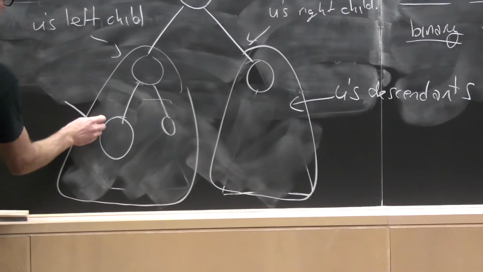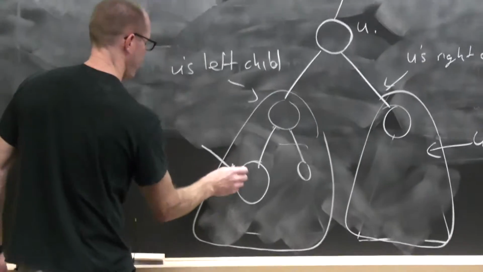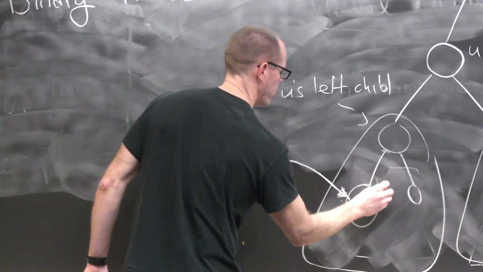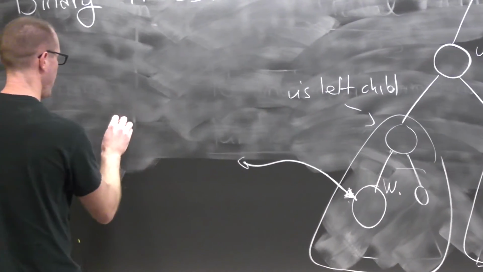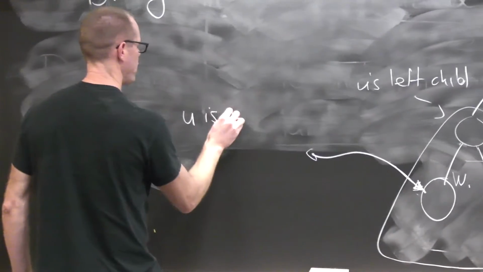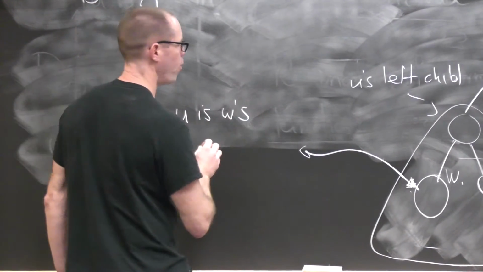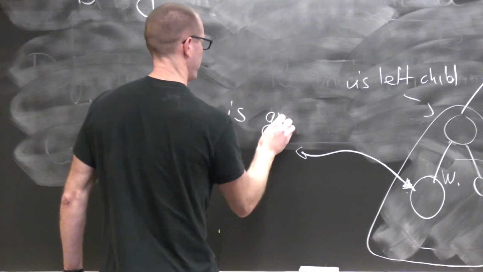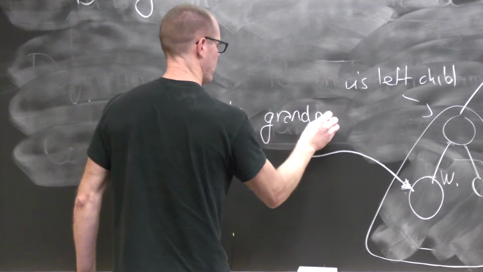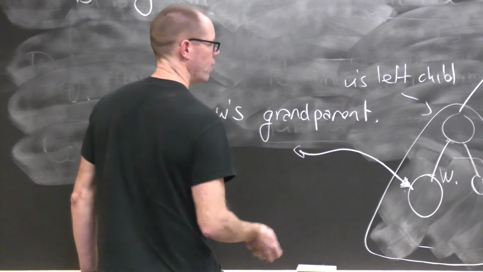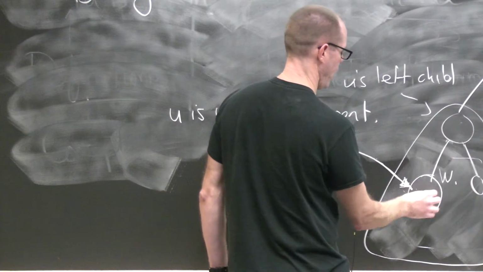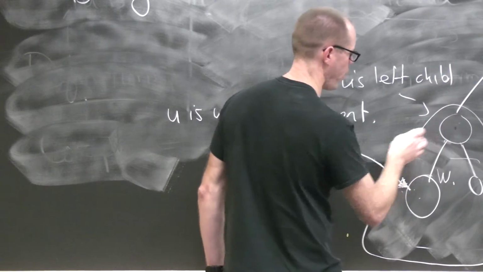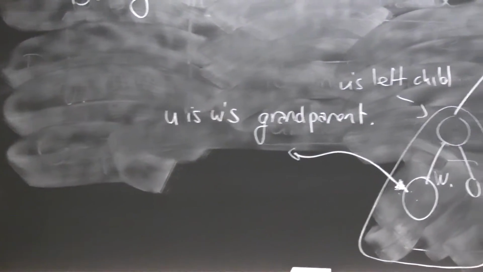Down here, we have a node, and so let's call this node W, and we would say U is W's what? Grandparent. Right? U is the parent of W's parent, so grandparent.